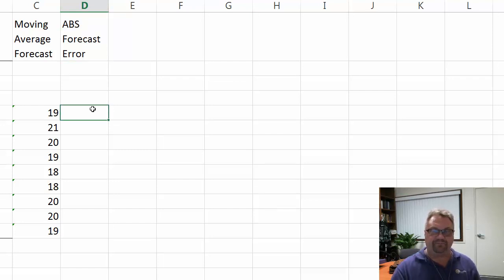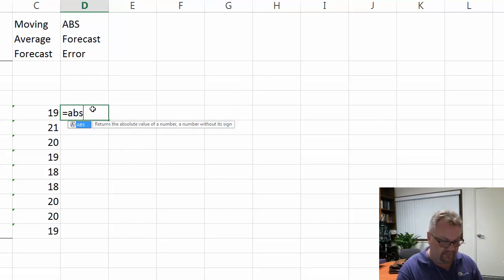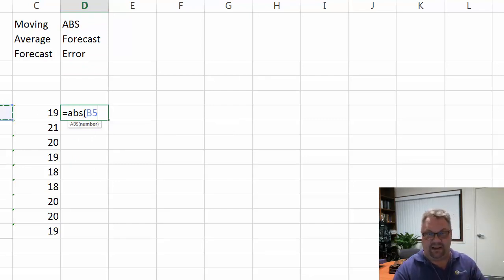And so remember, we're going to use the absolute value function, ABS, open the parentheses, and here we're just going to take actual sales minus the forecast sales, close the parentheses.